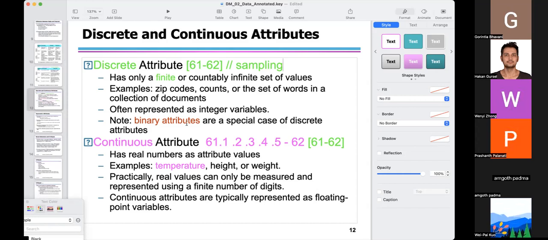There are some attributes that already are discrete, such as zip codes or counts or sets of words in a collection, so there's no need for us to discretize them. But really, in the real world, the natural things that we measure, most of them are continuous or infinite.